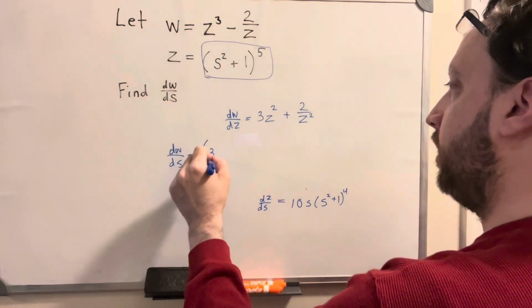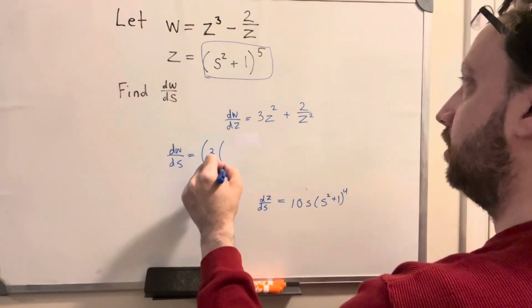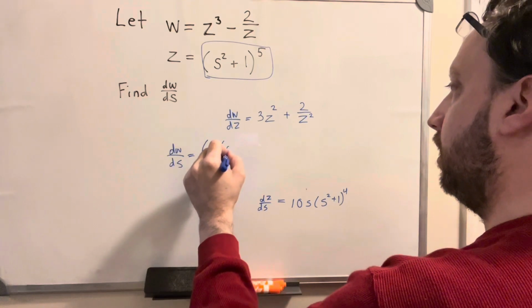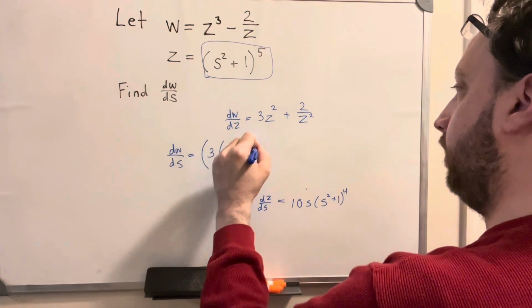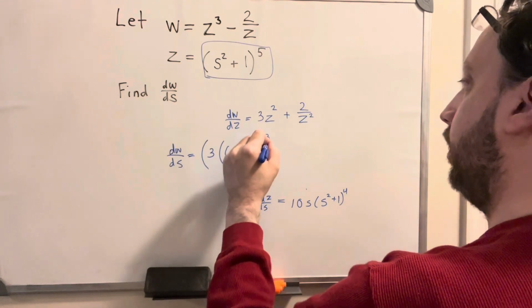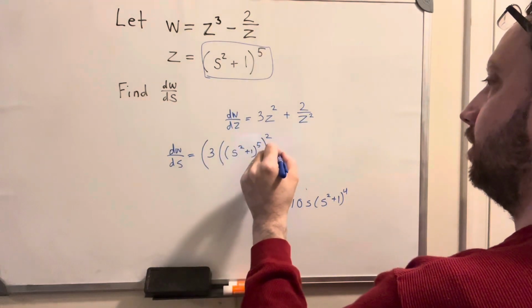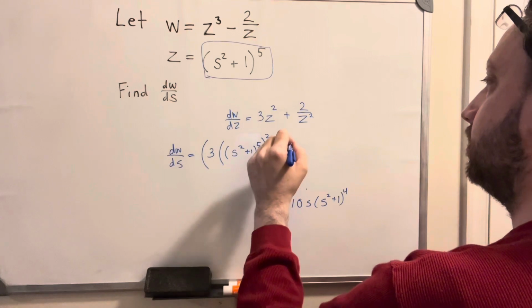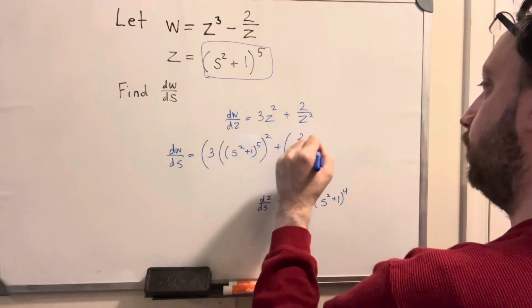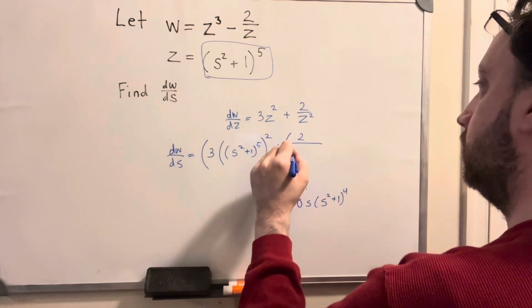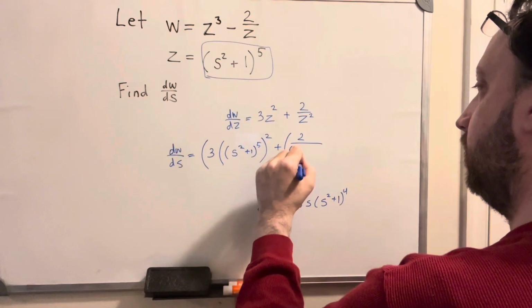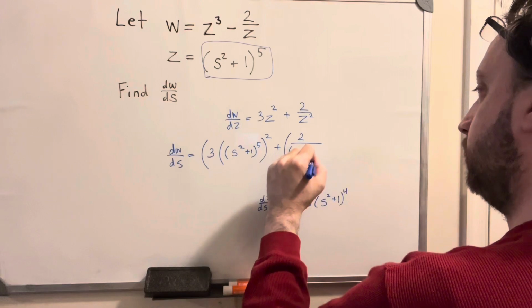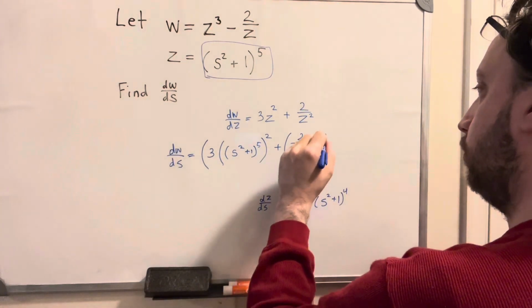So we've got 3 times ((s squared plus 1) to the 5th) squared plus 2 over ((s squared plus 1) to the 5th) squared.